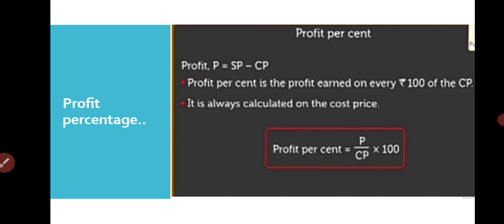That means we are comparing the profit per unit of the cost price, and therefore it is always calculated on the cost price. Therefore profit percent is equal to P upon CP, that means profit upon cost price, and now we are converting it into percentage. Therefore we multiply the profit and CP ratio by 100.